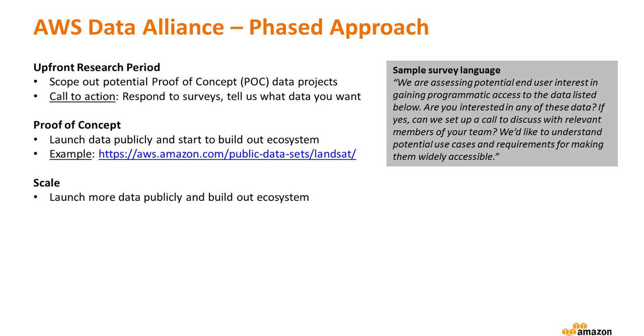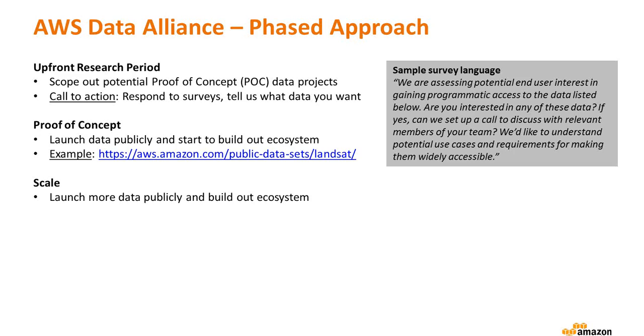So as I said, we're currently in the upfront research period. We're already working behind the scenes with NOAA, with our preliminary set of collaborators to assess potential projects. If we decide to proceed with a proof of concept during this research phase, one or more of our collaborators will work with us to get the data extraction in place, push the data out to AWS, and make it available.